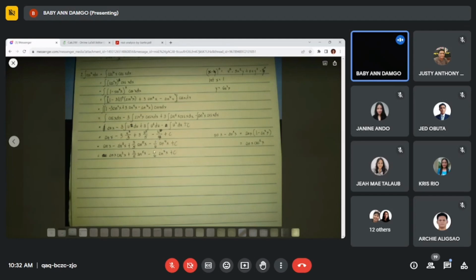Here, this is 1 over 7 sine to the 7x plus c.